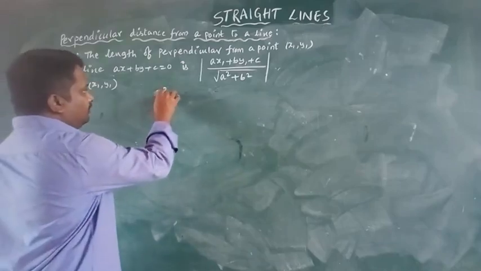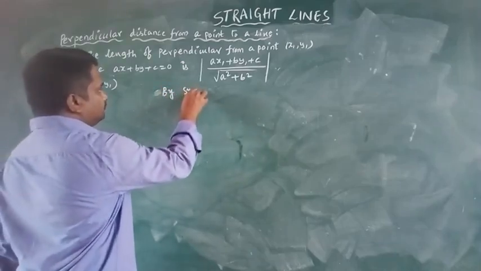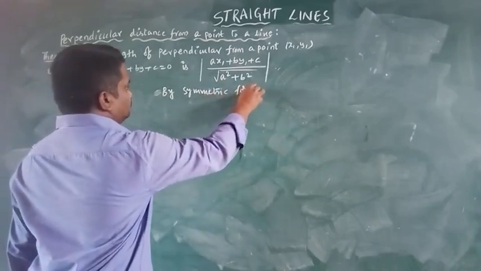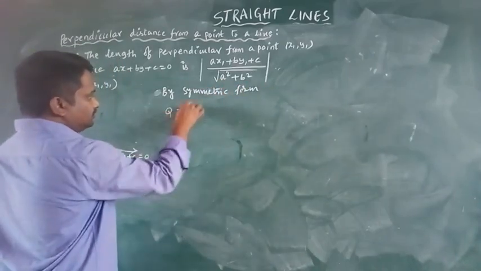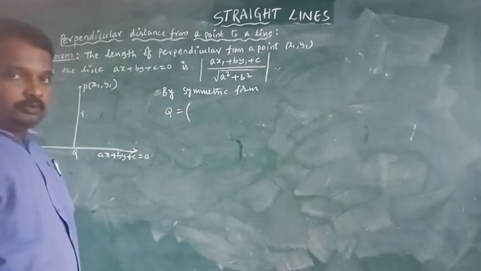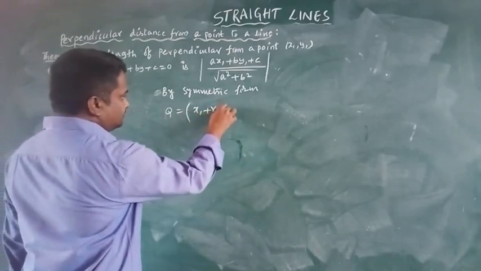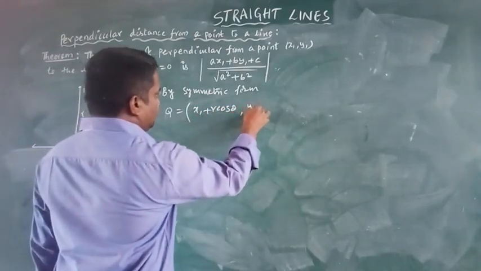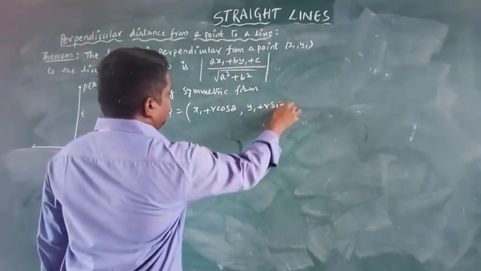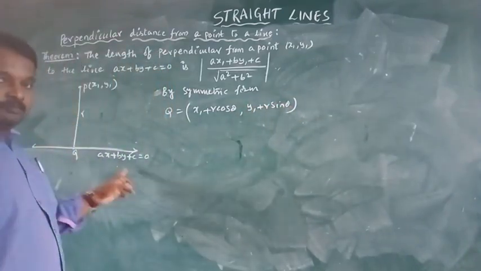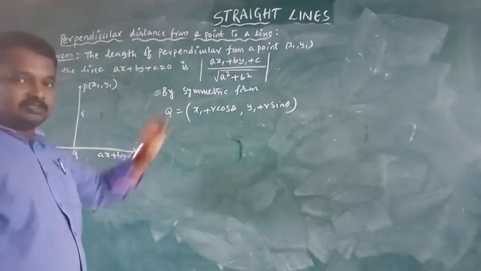By symmetric form, Q is (x1 + r cos theta, y1 + r sin theta). So observe this one, Q lies on ax + by + c, so it satisfies that one.